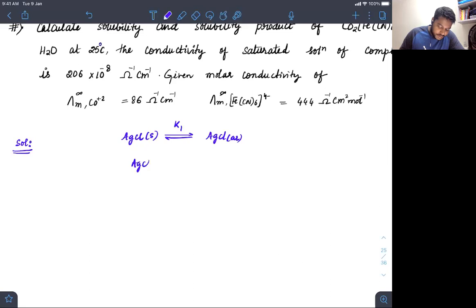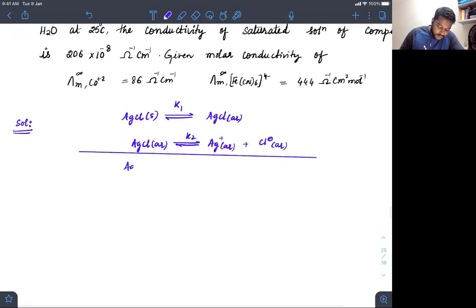And then this AgCl aqueous will undergo dissociation to give Ag plus aqueous plus Cl minus aqueous. And this is K2. The result of these two is what we write as Ksp. We write this as Ag plus aqueous times Cl minus aqueous.